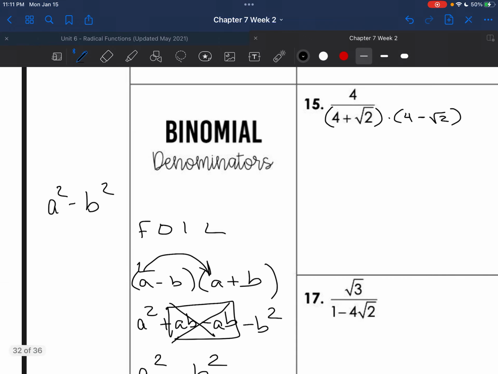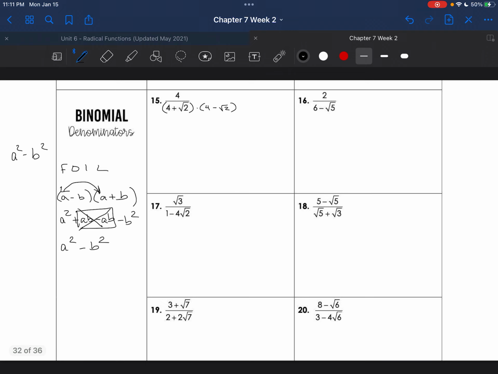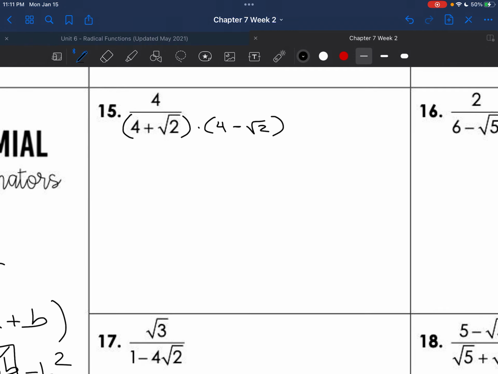Okay, so what do we multiply by? We just learned in the last one that we find the same one and multiply by it to make it go away. So in this way, we have to multiply by the complex conjugate. So we're going to take the same binomial and change the sign of it, and then we're going to FOIL.